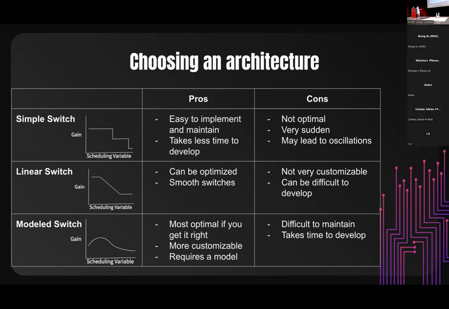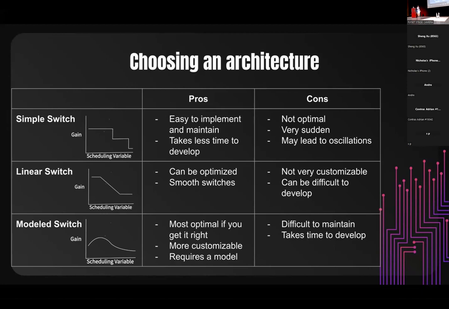Next, third one is the modeled switch. And what this is, is just a mathematical function where the scheduling variable is the input and your PID gains are the output. So this is going to be the most optimal solution if you can get it right. And because of that, it's somewhat more customizable because you can change a lot more about the function than you can with the simple switch and the linear switch.